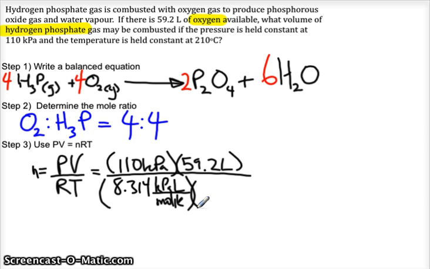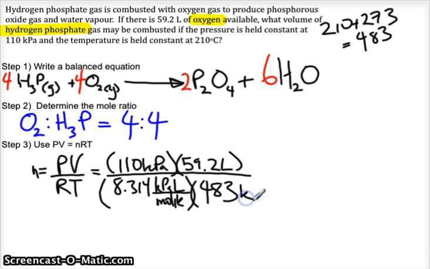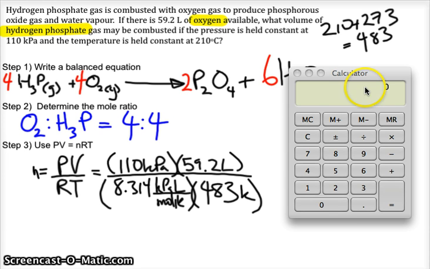Alright, so there's my equation there. Now I pull up my calculator.